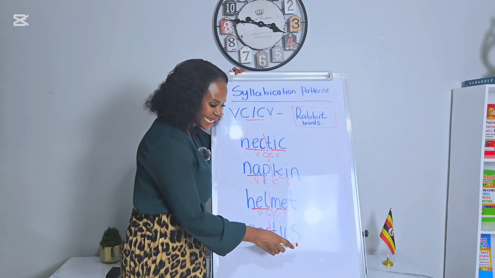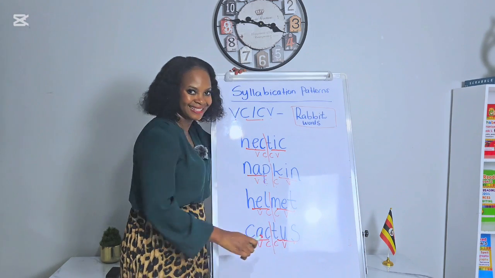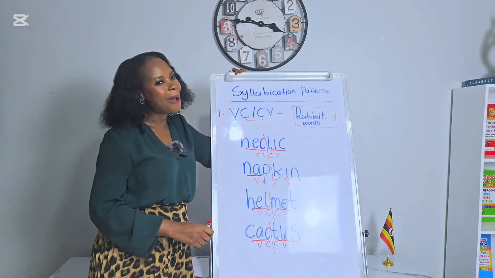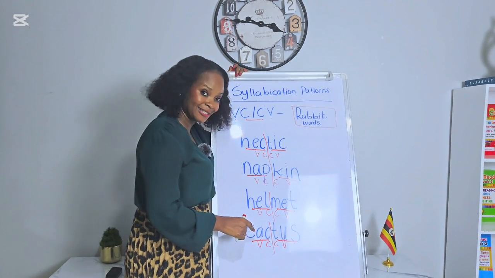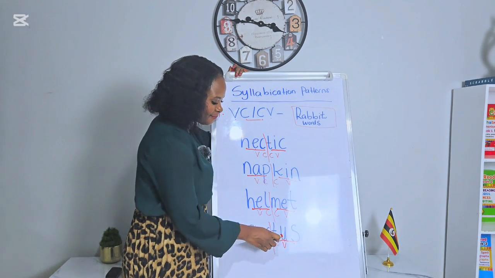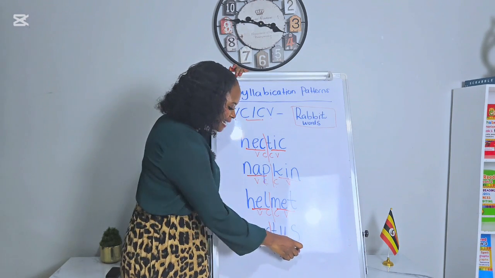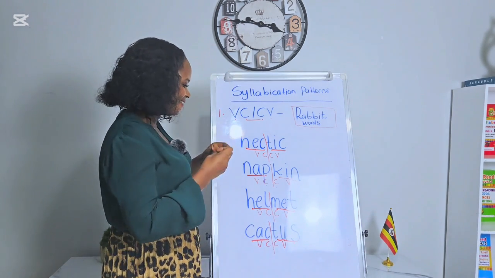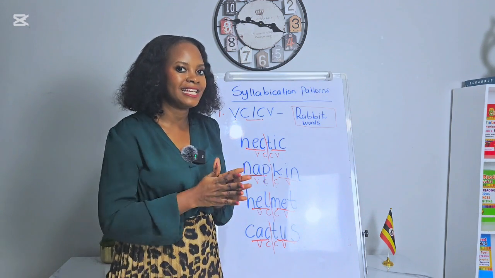Next part, blend the two parts. Which one have you read? Amazing. Okay, let's do this together. Cactus. Blend, cactus. Fast away, cactus. All right. Do you see how syllabication makes reading and spelling easier?